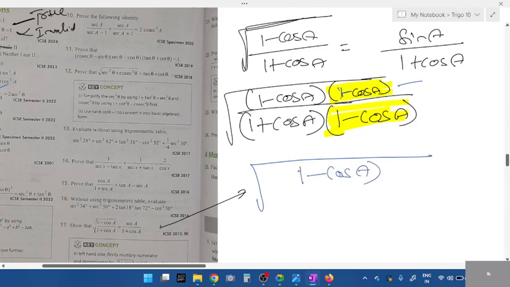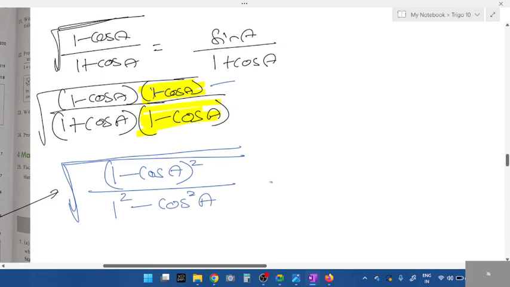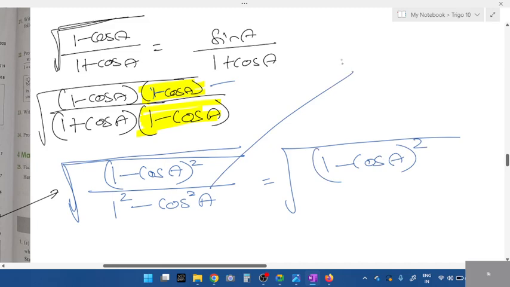So can I write 1 minus cos A the whole square divided by, the denominator looks like A square minus B square, that is 1 square minus cos square A. So that is equal to the square root of 1 minus cos A the whole square over 1 minus cos square A.